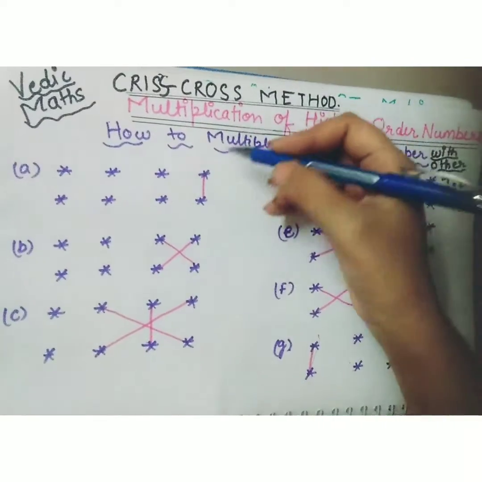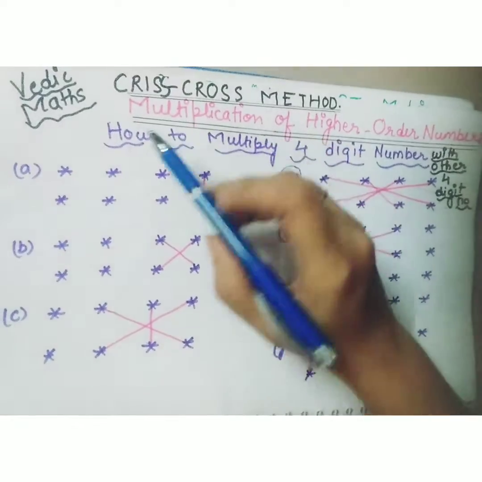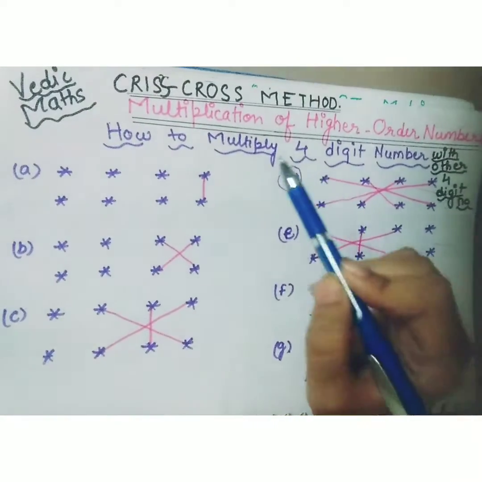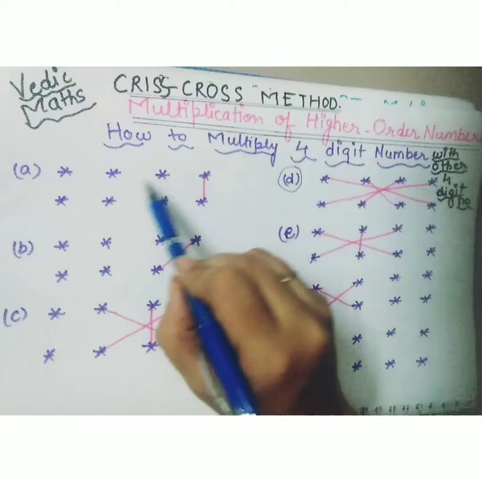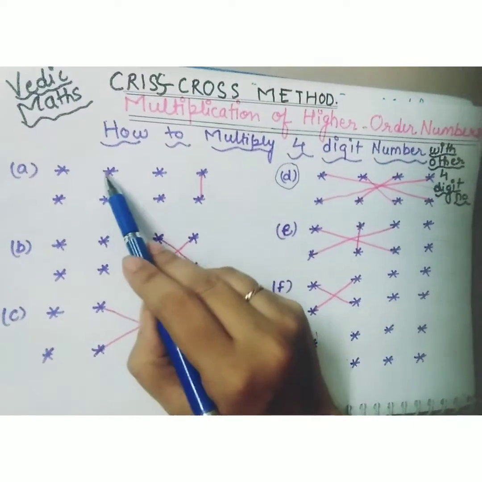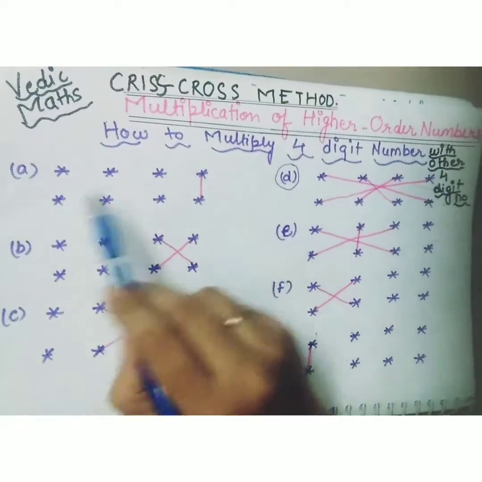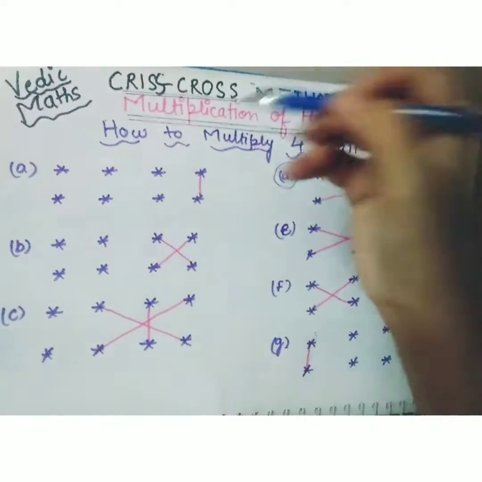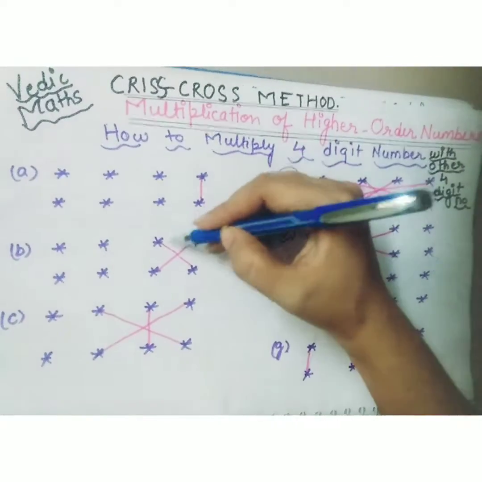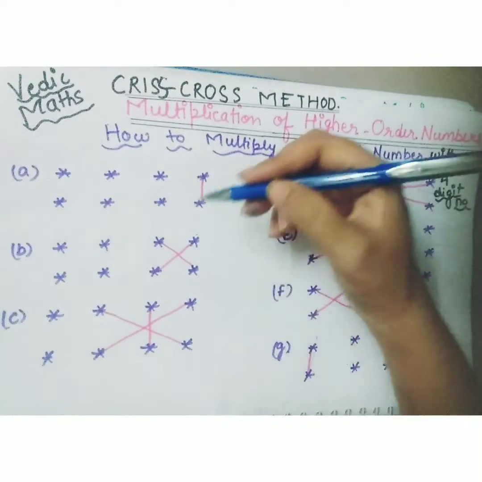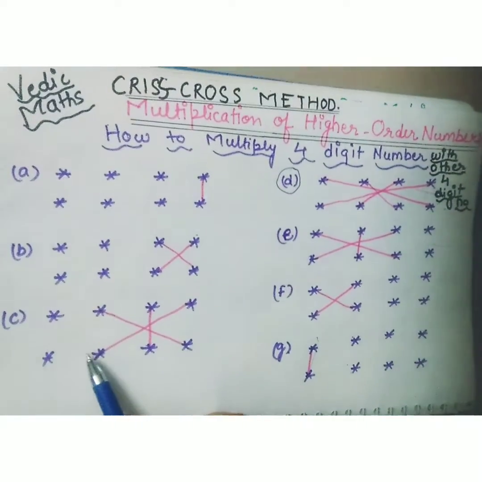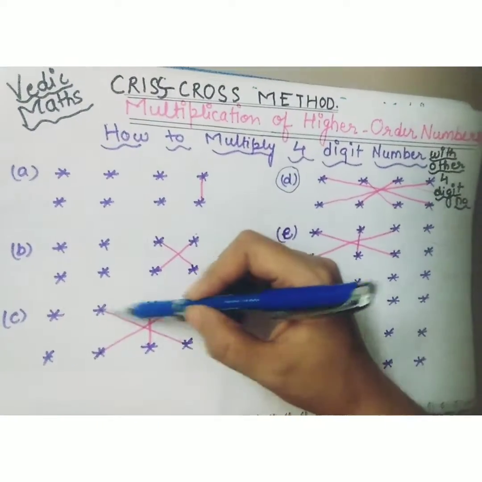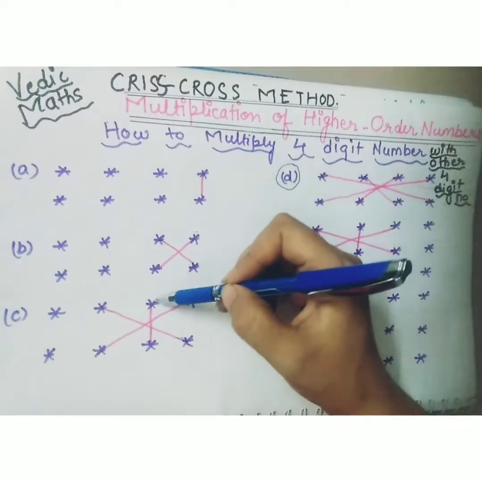So first of all, these stars represent the 4 digits: 1 2 3 4, 1 2 3 4. This is the I formation and cross formation. In the next step, the third step, there is a cross formation and the I formation.